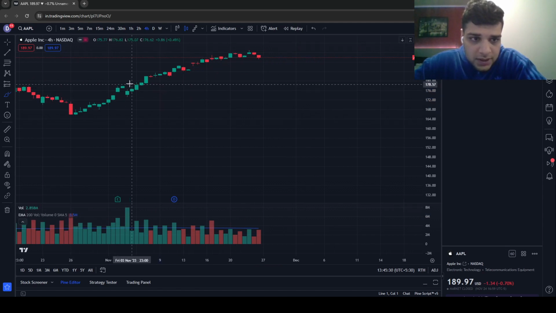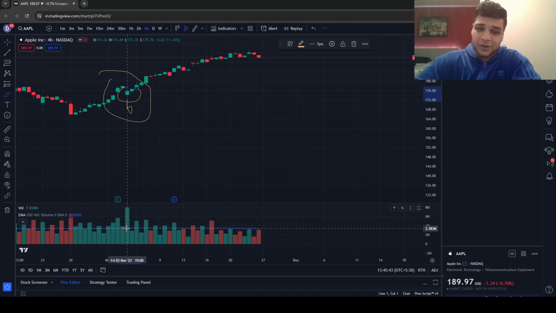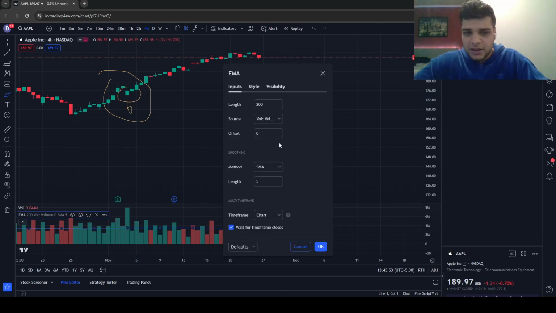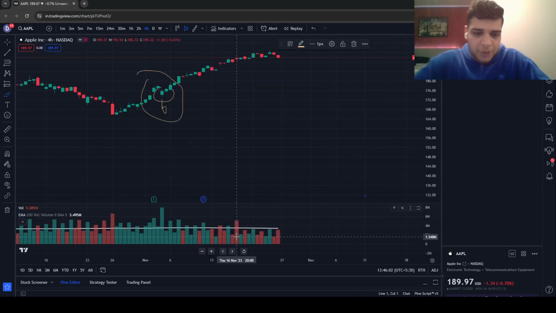See right here, we saw a bit of a dip in this candle, but we saw a recovery with a huge volume candle, almost double the size, or more than double the size in fact, of the average 200 EMA candle, which we see is the blue line here. Let me just make this a little clearer for you guys as well. Change the thickness of it and perhaps make it white so it's just really clear. Right, there we go.